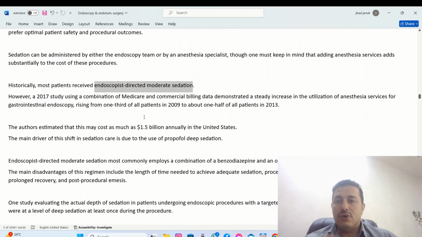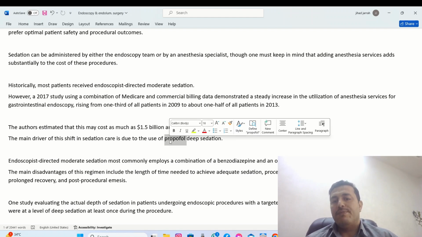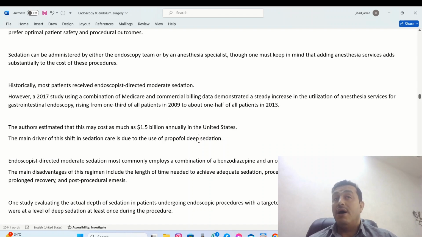If we are talking about the use of propofol or the other type of deep sedation, we start to ask ourselves, do we need the anesthesiologist? Because here we will start to talk about respiratory depression, and at some point we may need endotracheal intubation.